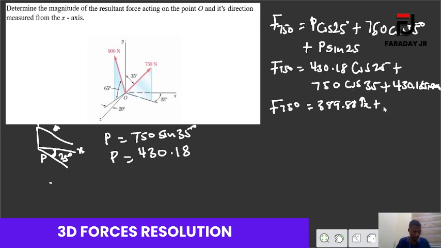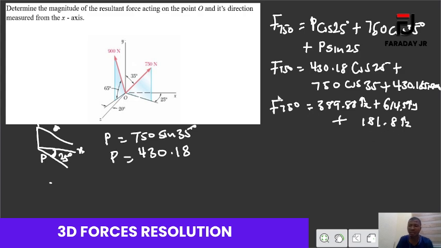That will give us the corresponding value of 614.136 Iy. And then finally we have 181 point 8 Iz. So that is the total individual forces that the 750 is making in the x plane, that of the y plane, and the z plane.